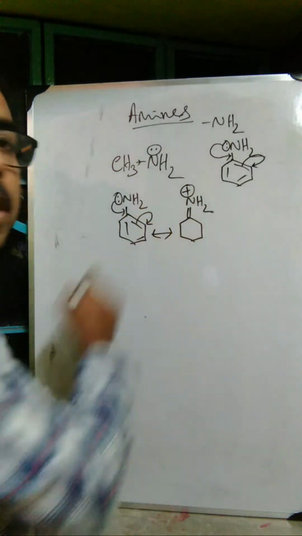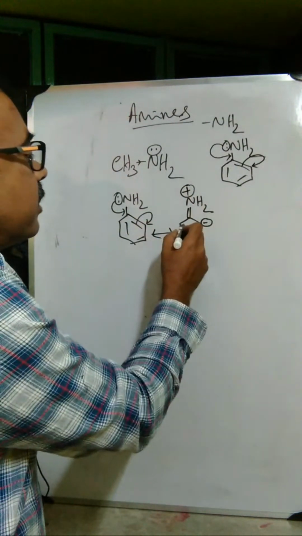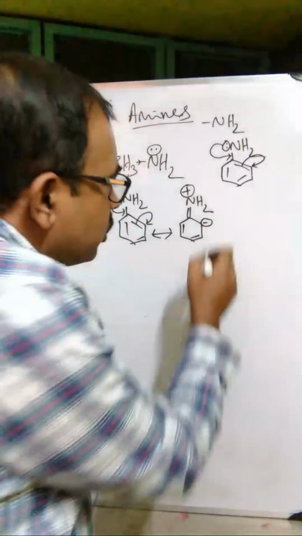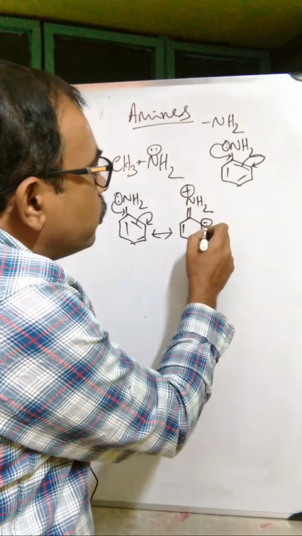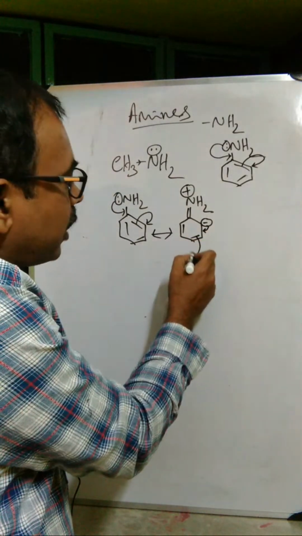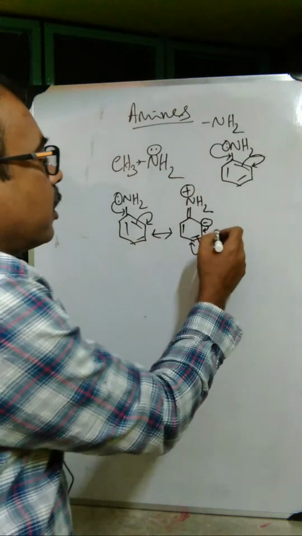The pi bond is shifted onto this carbon, so carbon will carry a negative charge here, and these two bonds remain intact. Now in the next resonating structure, this negative charge will be used to form a pi bond with this carbon, and this pi bond will be shifted to the carbon beside it.